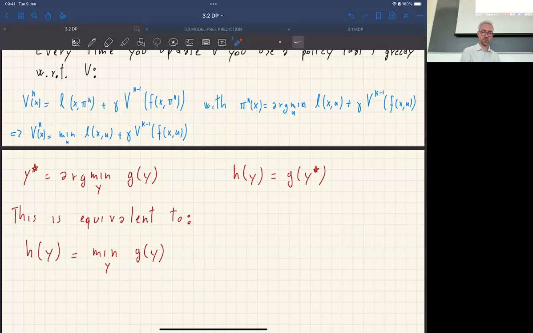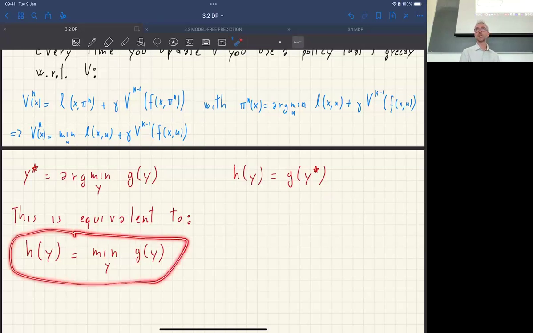The policy was just this intermediate thing, which in the new example would be y star, which I'm computing so that I can then evaluate g at y star. But in the new way I'm writing things, y star does not need to be stored. I'm simply finding the minimum of this expression and that's it.